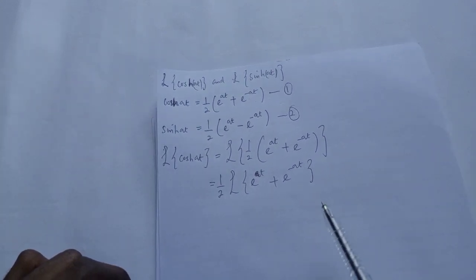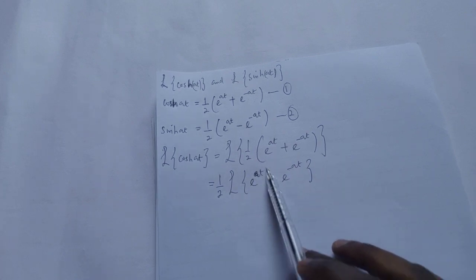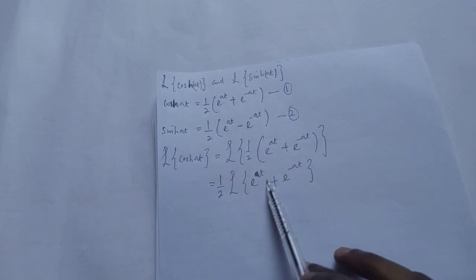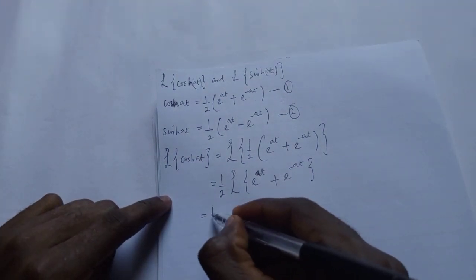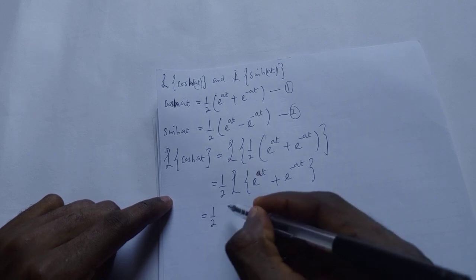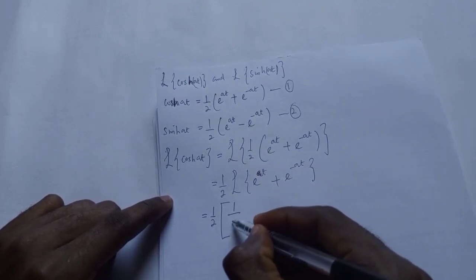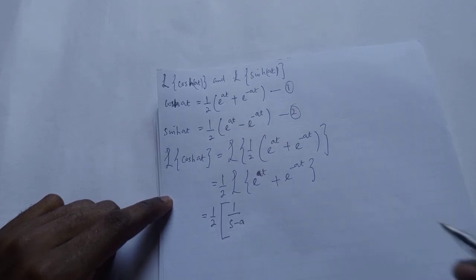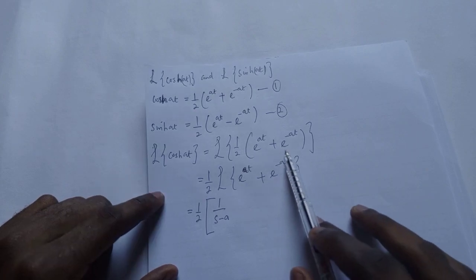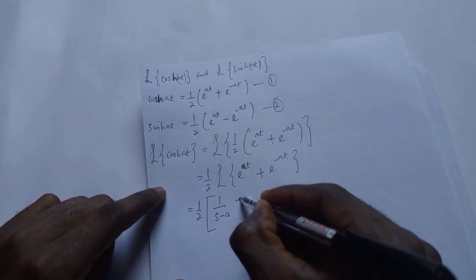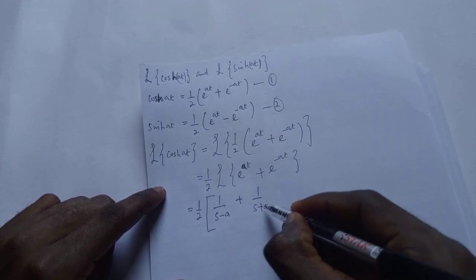So we know that the Laplace of exponent of at, from our previous Laplace that we did, is equal to 1 divided by s minus a. And with that same approach, the Laplace of exponent of minus at will be equal to 1 divided by s plus a. So that is what we are going to have.